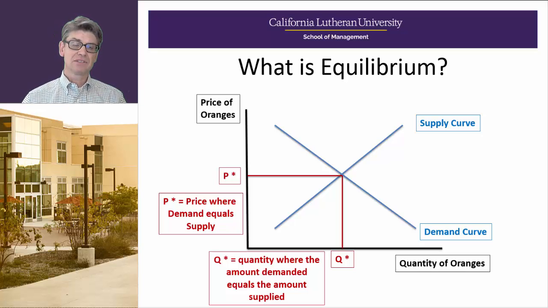It's common in economics to put a star where it's the equilibrium, and then also from where the lines cross down to Q star. Again, it's common notation to use a star for equilibrium, and some little blurbs there about the P star being the price where the demand equals supply, and the Q star being where the amount being demanded is equal to the amount being supplied.